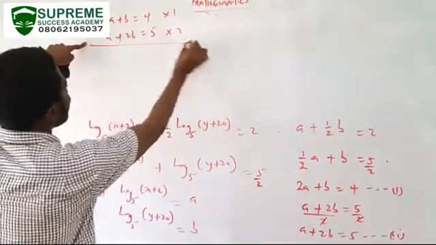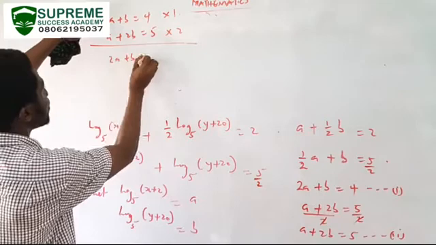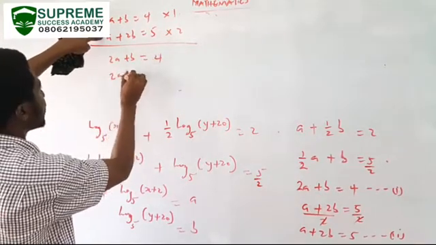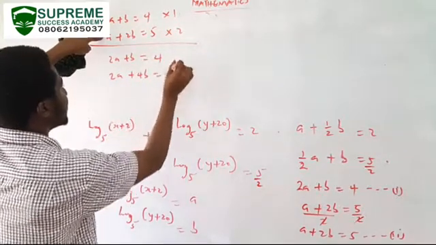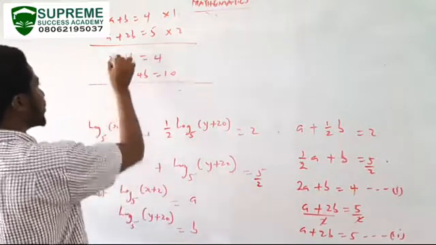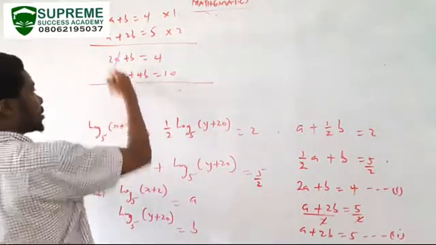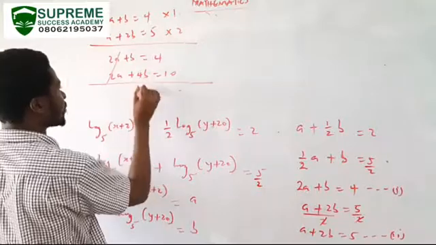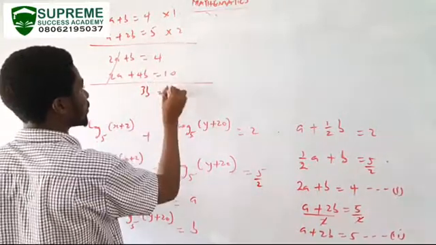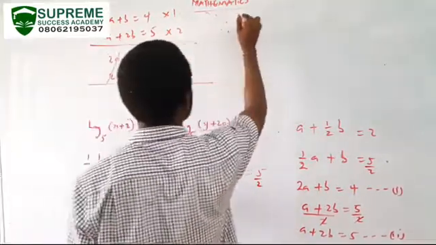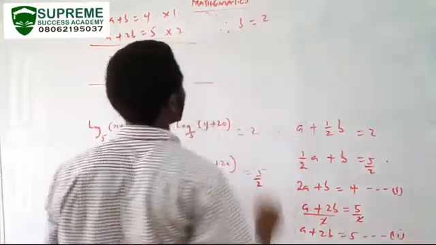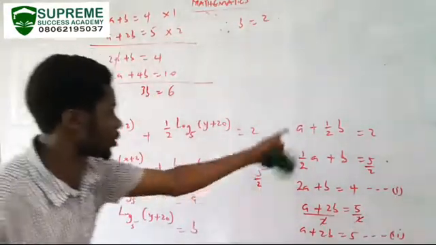Remember? So you have 2A plus B equals 4, and 2A plus 4B equals 10. So what happens? You eliminate. This is 0. I'm subtracting this from this. So you have 4B minus B, 3B equals 10 minus 4, which is 6. Then I can say that my B will equal 2. Very good.